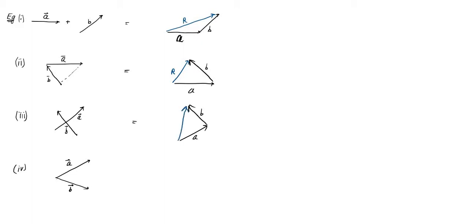In all three cases we have taken vectors A and B in one order and the resultant in reverse order. Here A and B are taken anti-clockwise and the resultant is clockwise.